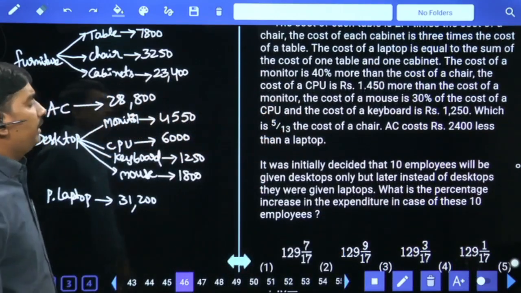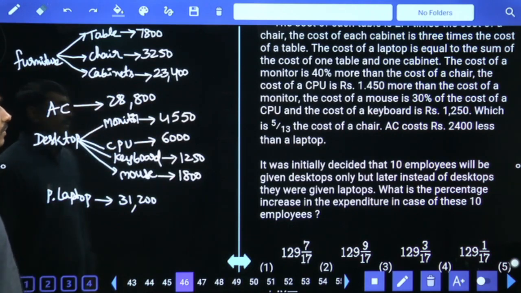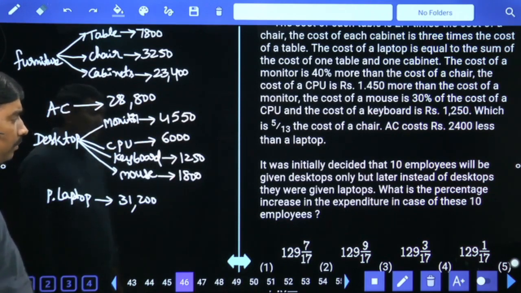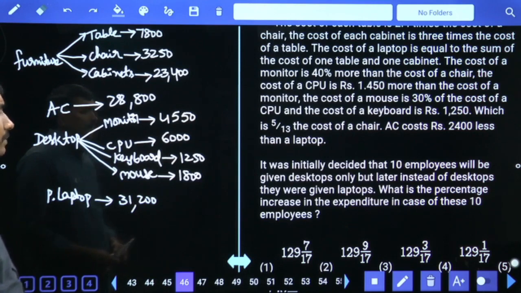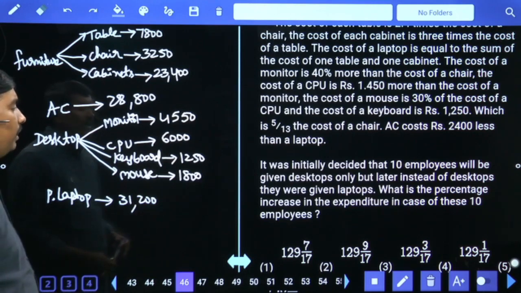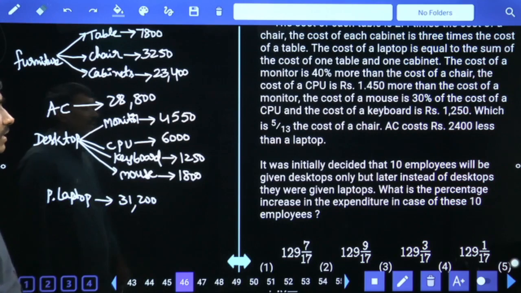It was initially decided that 10 employees will be given desktops only, but later instead of desktops they were given laptops. What is the percentage increase in the expenditure in case of these 10 employees?